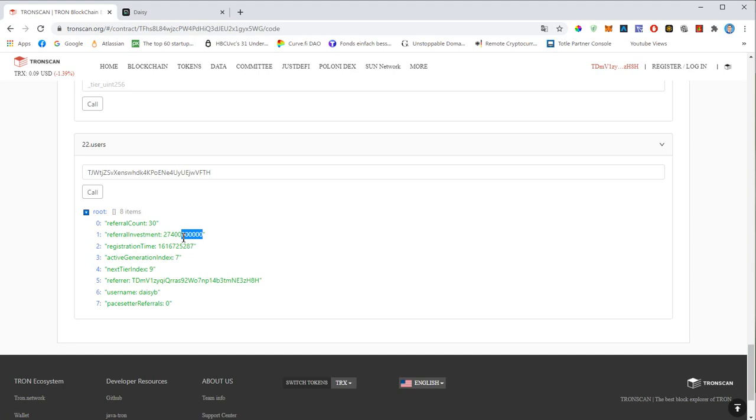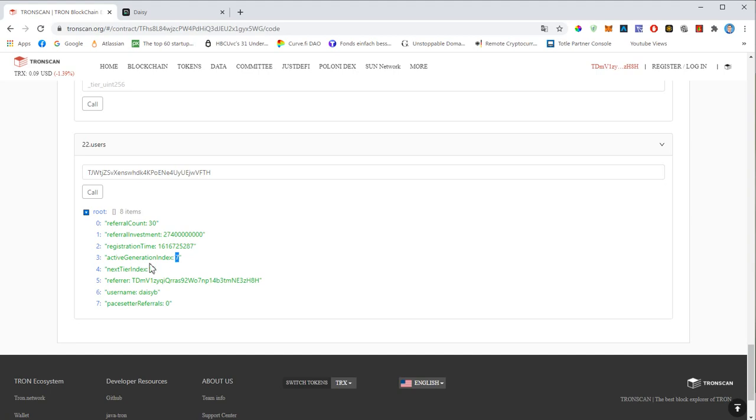So this particular user has 30 direct referrals that have contributed 27,400. Okay, this is the date when that person has registered. No, that's date and time actually.